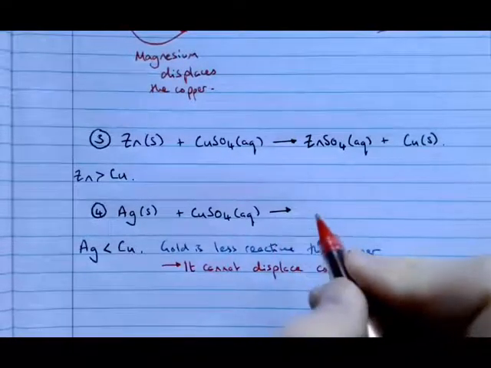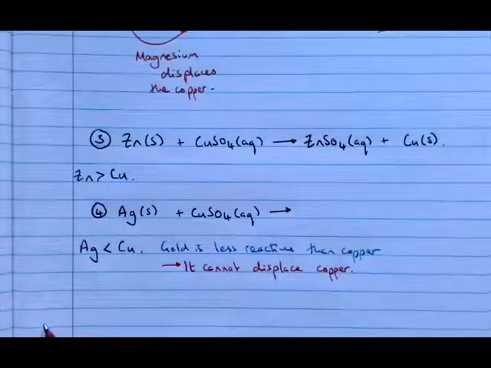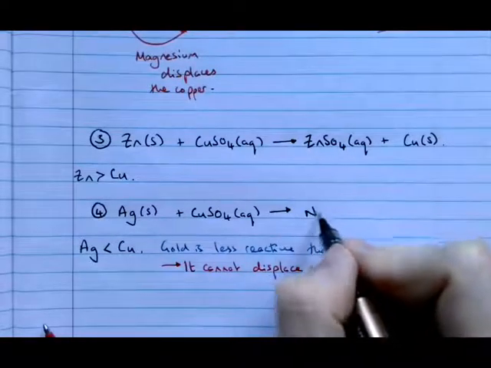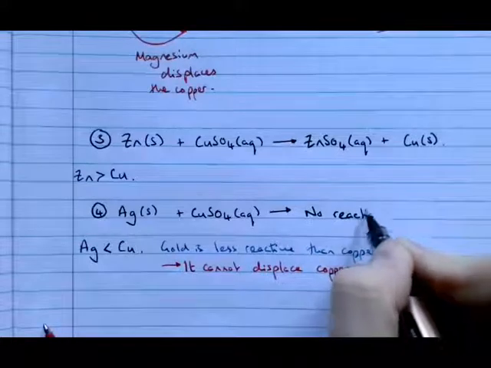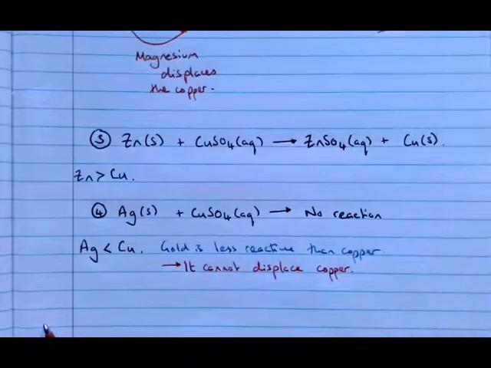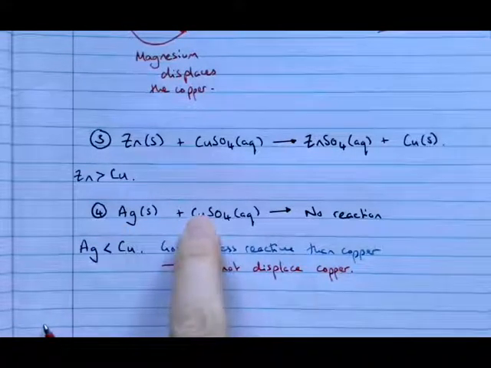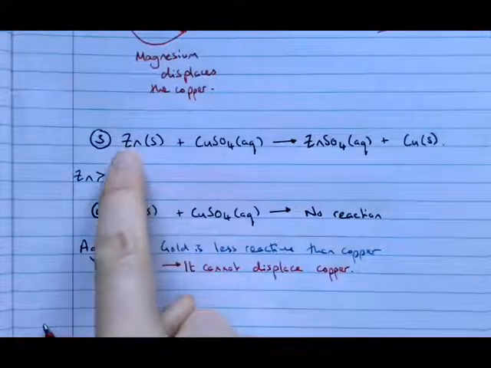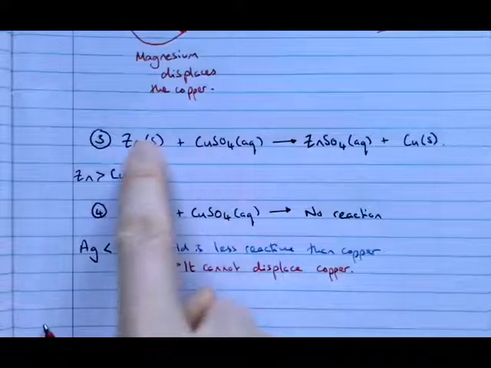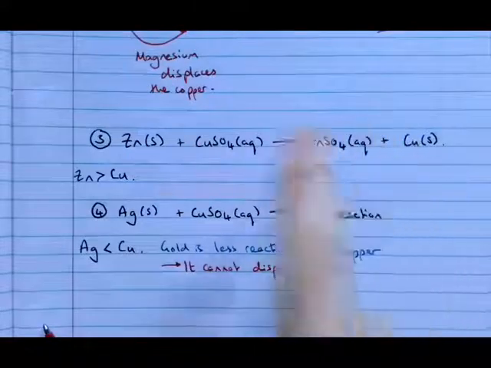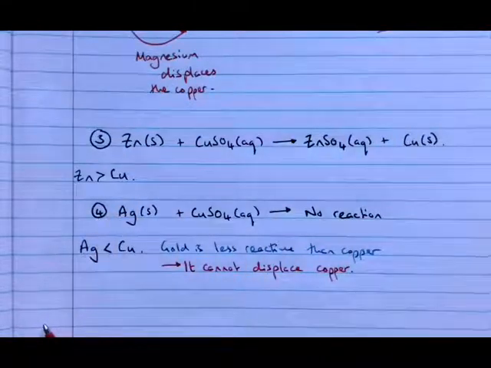And what that means is, over here, you get no reaction. So nothing would happen because the gold can't kick out the copper. Up here, zinc is more reactive than copper, so it is able to kick it out, and you get the reaction, but here it's not able to do that.